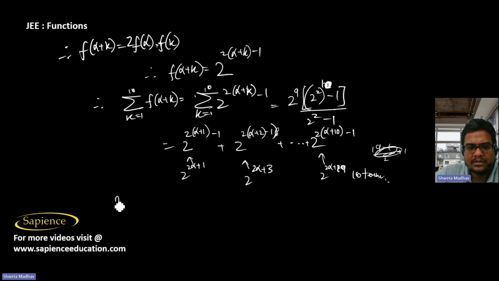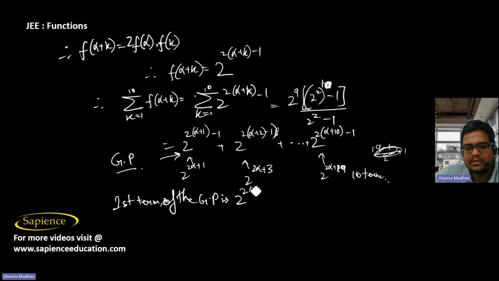So here you can see one geometric progression, GP, has been formed. The first term of the GP is 2 power 2 alpha plus 1, and the common ratio r is 2 power 2.